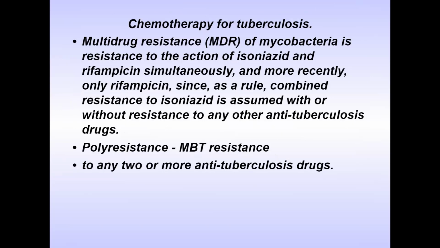Multi-drug resistance of mycobacteria is resistance to the action of isoniazid and rifampicin, and more recently, only rifampicin, since as a rule, combined resistance to isoniazid is assumed without resistance to any other antibacterial drugs.